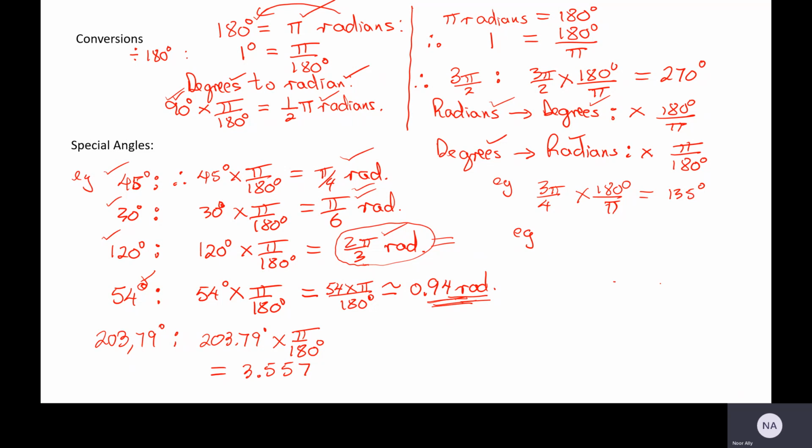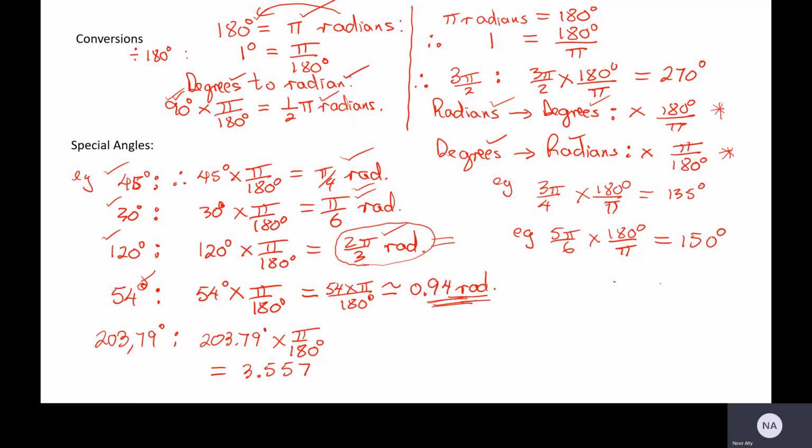You do another. What if I give you 5 pi over 6? So that's my radian measure. What would you multiply by? 180 divided by pi, and that gives me 150 degrees. So there's your conversions. We can go from degrees to radians, multiplied by pi over 180.